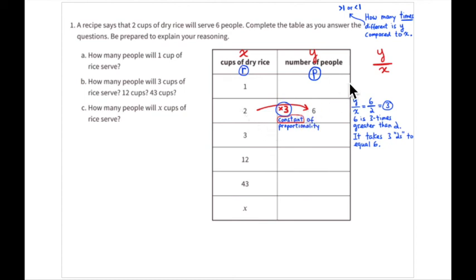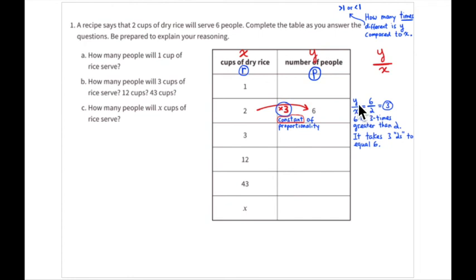So in this case, that factor is greater than 1, so it's 3 times. How many times different is y compared to x? It's 3 times greater. So you divide y by x. 6 divided by 2 is equal to 3.